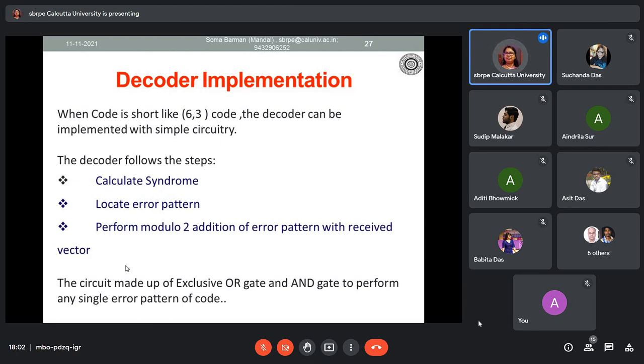In hardware, this can be implemented by exclusive OR gates and AND gates to handle any single error pattern. Here, we can only correct a single error pattern. By this technique, we can correct the single error pattern.